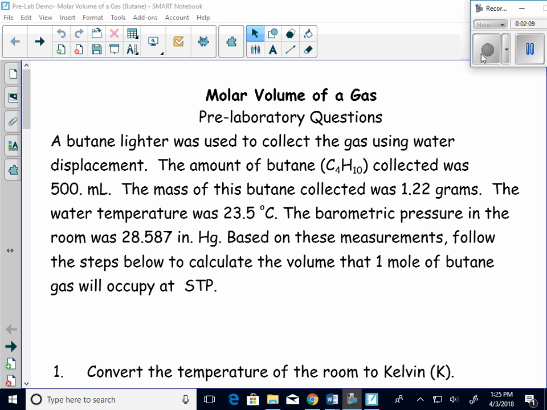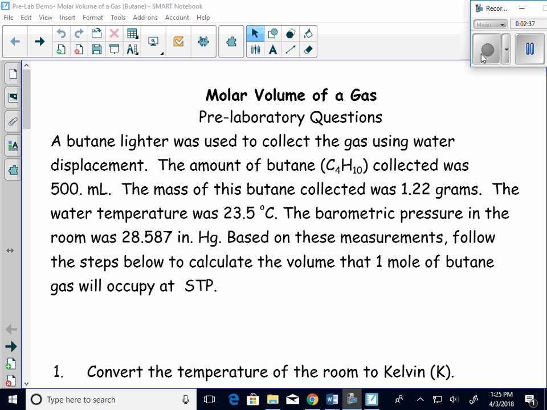is the combined gas law. It says P1V1 over T1 is equal to P2V2 over T2. Anything with the subscript 1 represents conditions that you measured during the experiment.